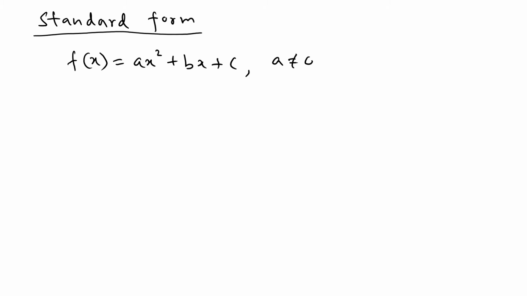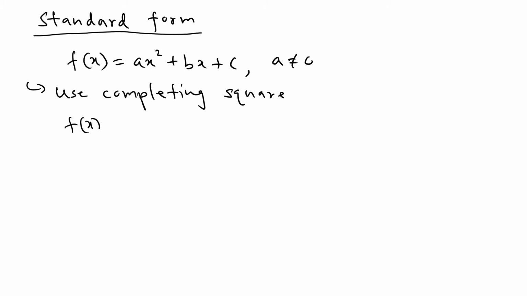So we use the completing the square method. When you use completing the square, you can do something interesting. Let's say we start with the function f(x) equals ax squared plus bx plus c. Again, we assume that a is not equal to 0.